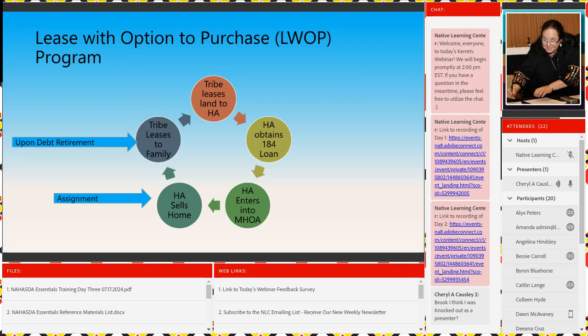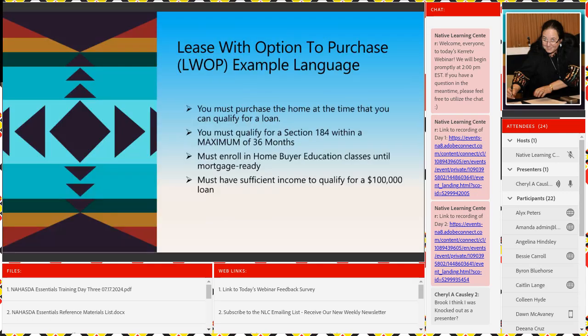They enter into mutual help and occupancy agreements or something very similar with your tenants. They sell the home to them after the assignment. Upon debt retirement, the tribe leases to the family. And it's just a big old circle, so you can do that too.